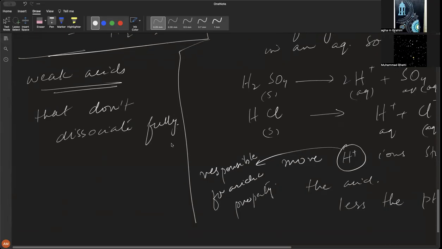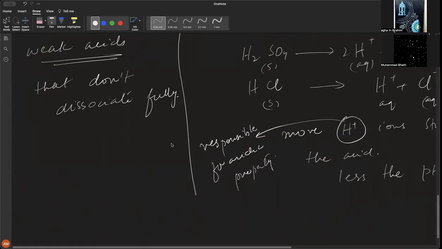They still retain the hydrogen ions, right? Let me give you an example of a weak acid.